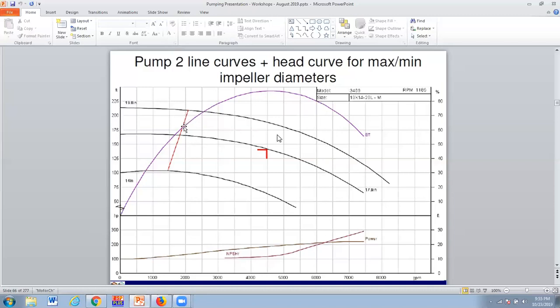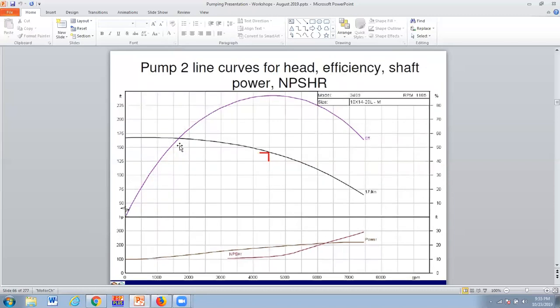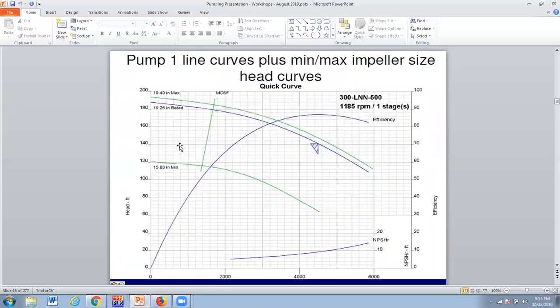This, I didn't mention this on the previous slide. Here. MCSF, that's minimum, I think, continuous standard flow. Is that right? Something like that. That's the minimum flow.